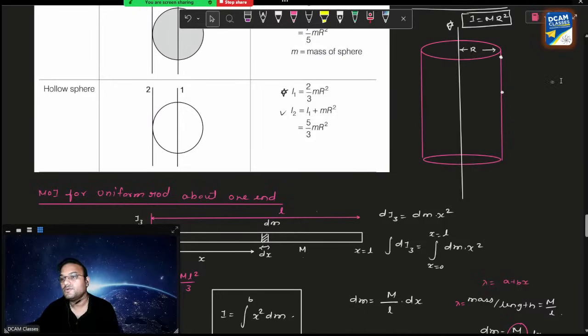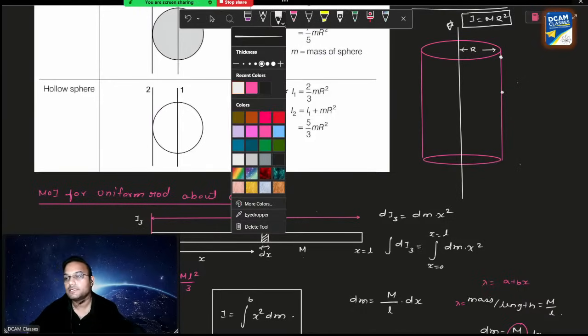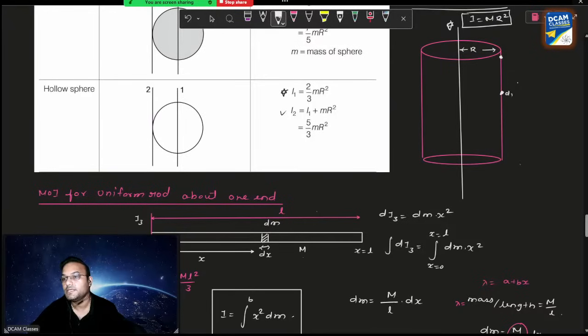For integration, what do we do? We take any elemental mass. Any elemental mass on its surface can be taken like this. Suppose this is dm.